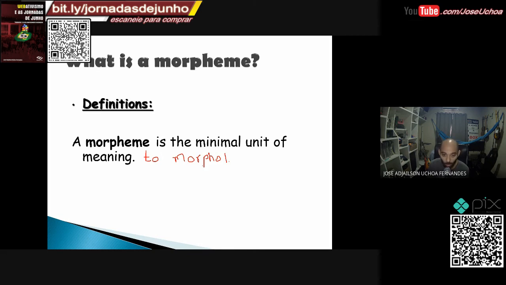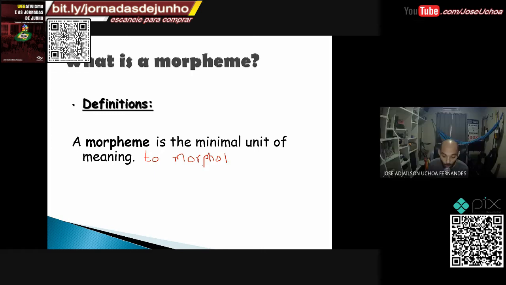So the minimal unit is what, when you dissect the object, you open it, you dissect it. So you have minimal unit, you have pieces. And the minimal piece for morphology is the morpheme. Nothing can be smaller than a morpheme to a morphologist. Okay?